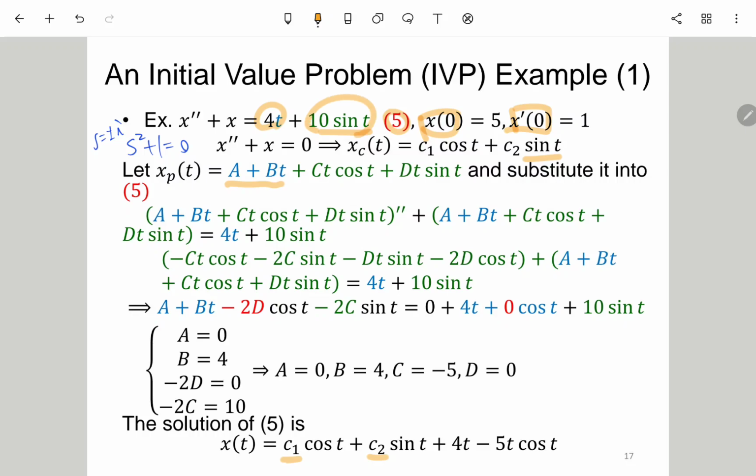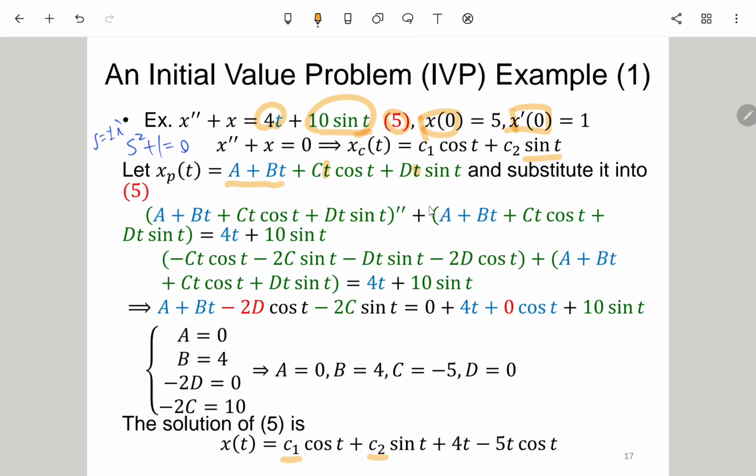Originally, if you just ignore the homogeneous solution, you will assume the other part of the xp will be like c cosine of t plus d sine of t. But in that case, it will conflict with this one, so we need to multiply it by t. Actually, for the complete xp of t, it is like 1, 2, 3, 4 terms.